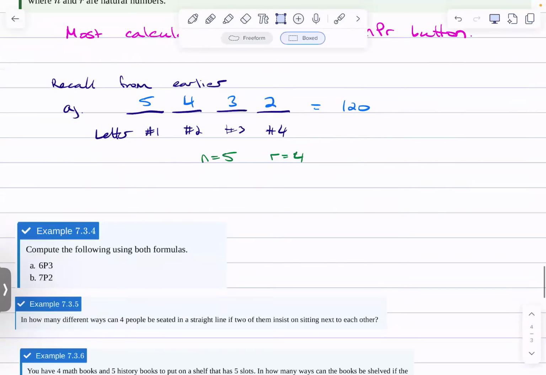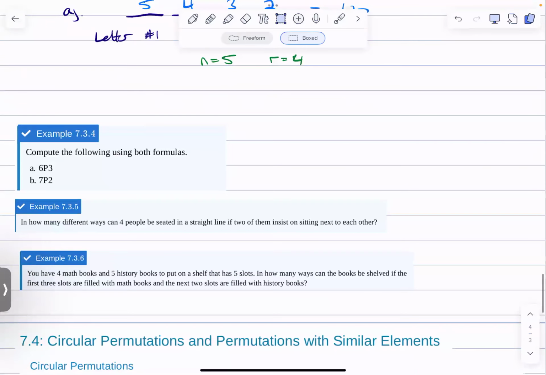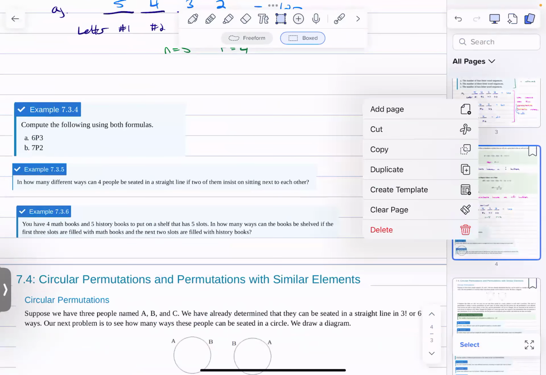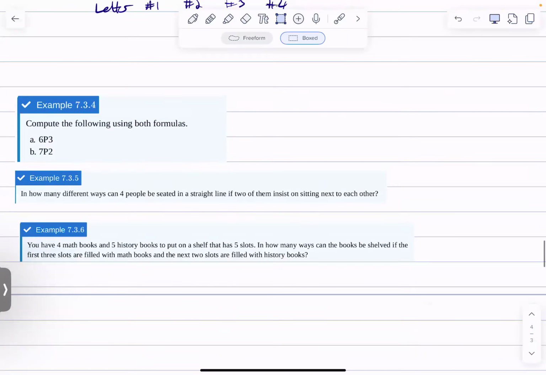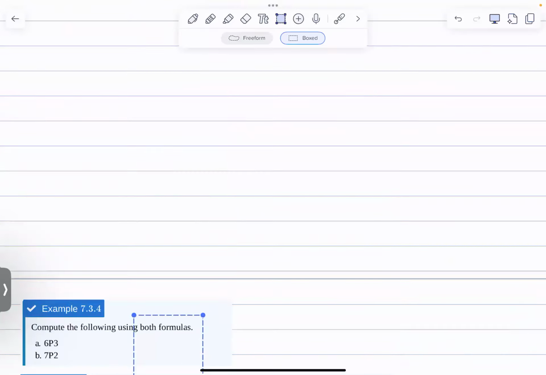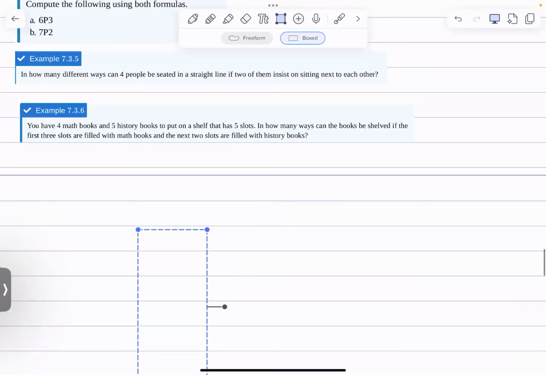copy this. Oh, and I need more space. Always more space, I guess.